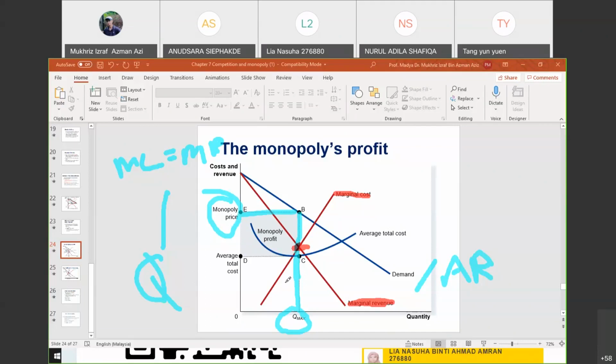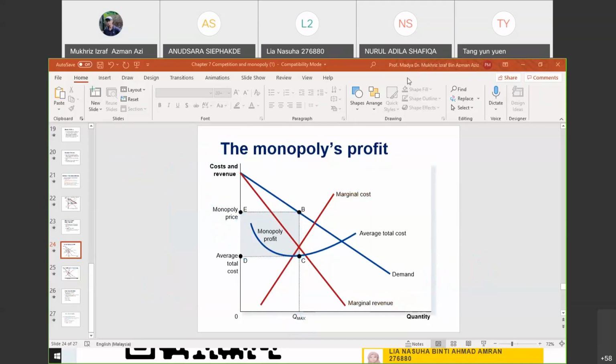So you can see here the quantity is determined using MC equals to MR. And after determining Q, you can find the price. So how does this area become the profit? Basically it's the same principle that you used before, TR minus TC. Which one is the TR?